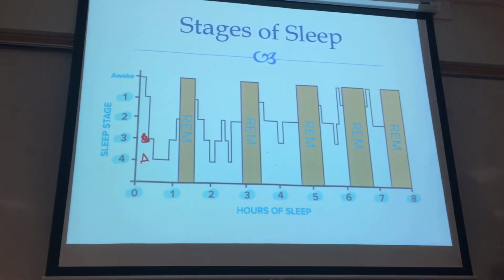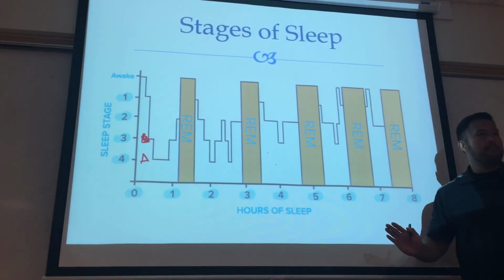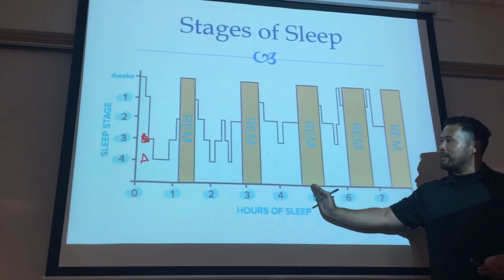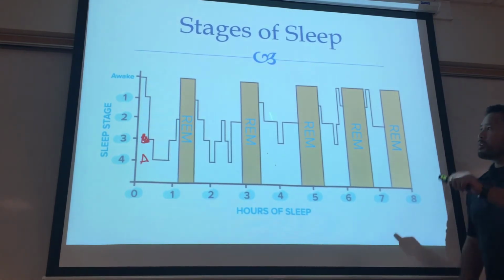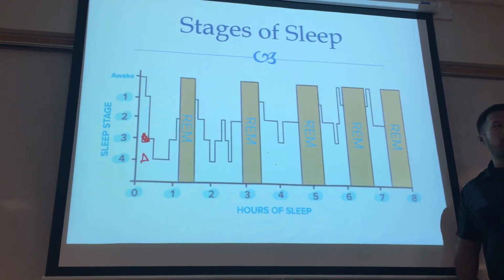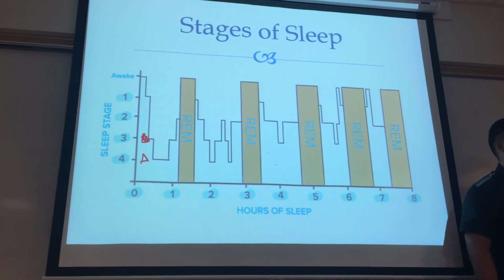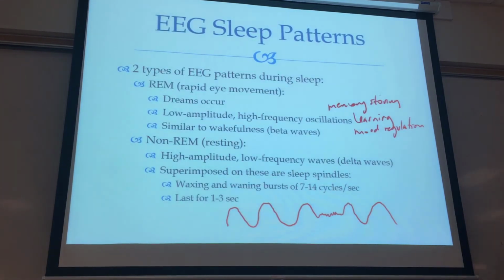So it's crucial to see that people that really lack sleep, that sleep less than 5 hours per night, get comparatively less REM sleep. And what I mentioned about REM sleep was memory storing, learning, mood regulation. What happens with people that are not getting enough sleep? They're moody, extremely moody.